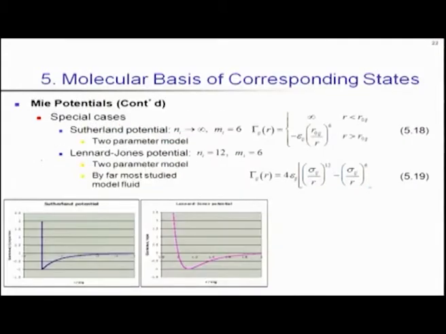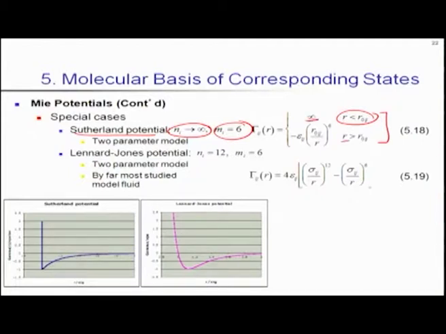Now, there are special cases based on the Mie potential which are more popular. You have the Sutherland potential, where n is considered to be infinity and m is 6. When you plug these values into this equation, what you get is this expression: for r less than r0 ij, which is basically the average diameter, or the specific distance between i and j, the potential is infinity.